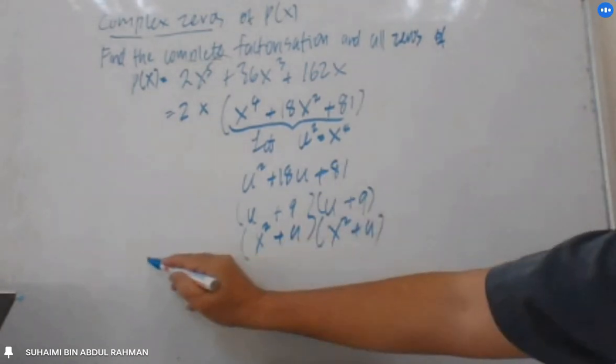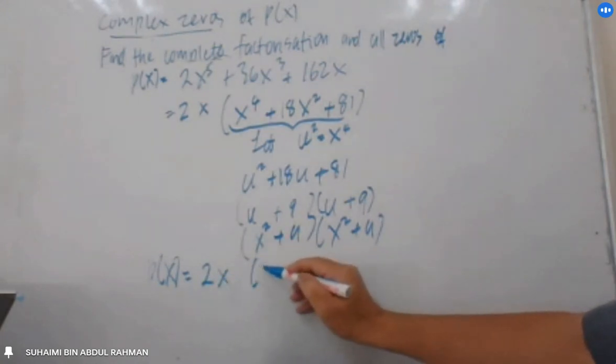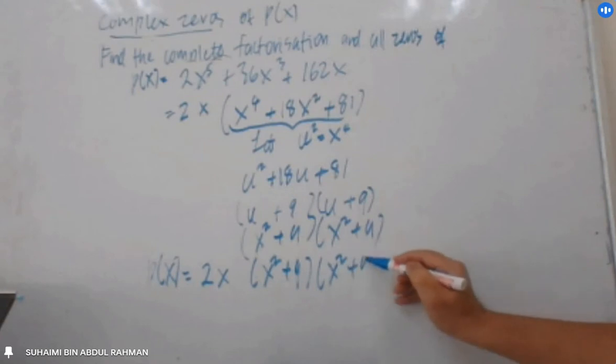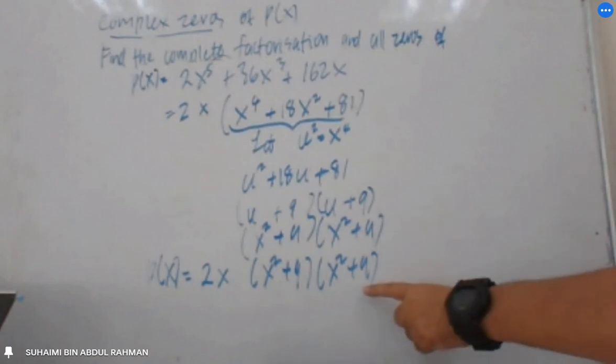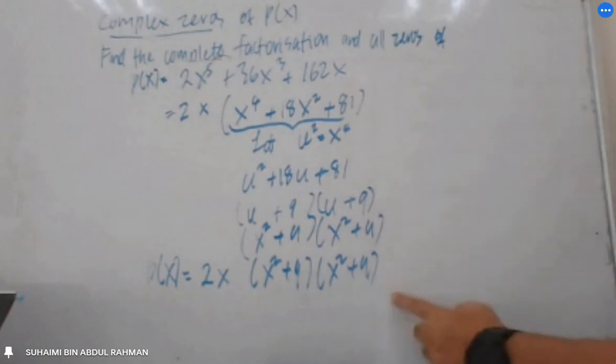Therefore, our p(x) can be written as 2x, (x squared plus 9), (x squared plus 9). Understand? And now, our p(x) in this factored form looks like this.